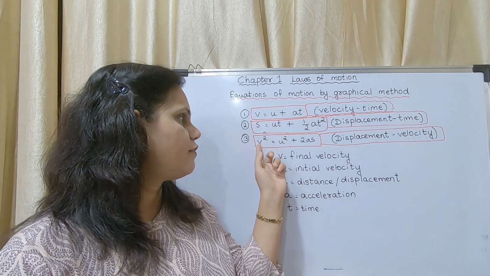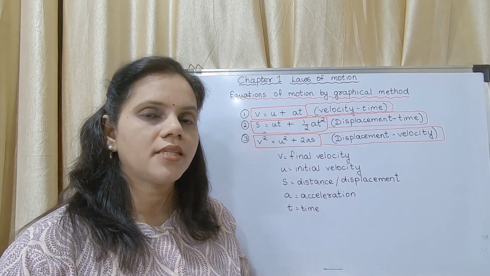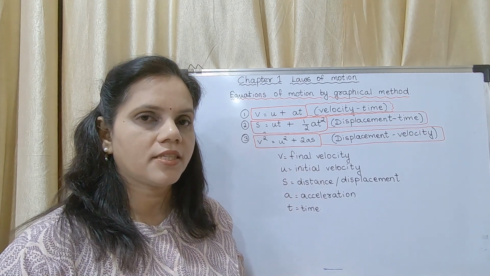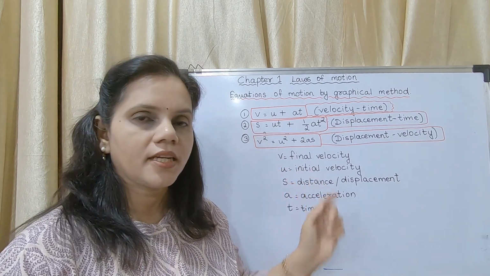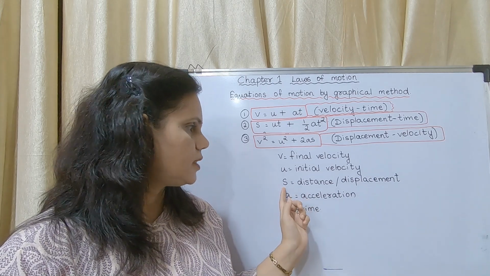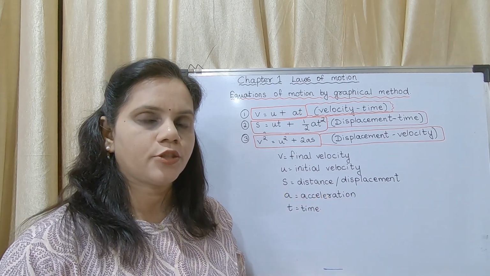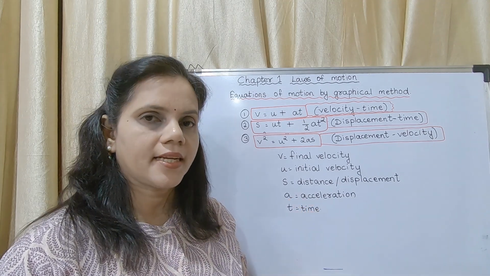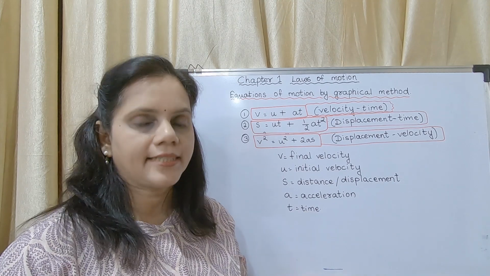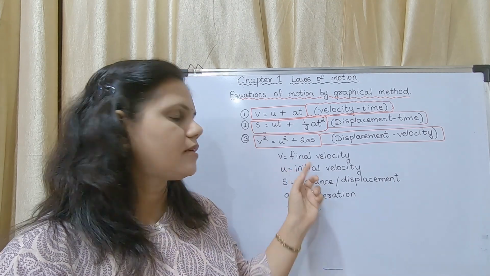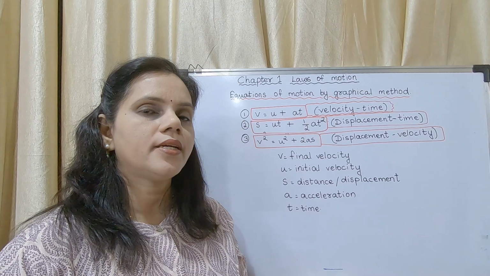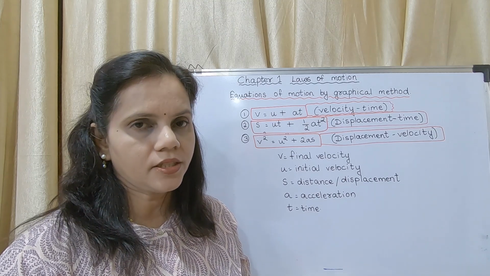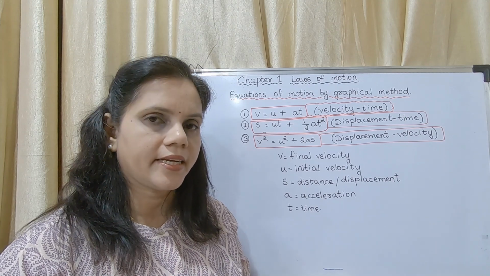The third equation is v square is equal to u square plus 2as, where v stands for final velocity, u stands for initial velocity, s is distance or displacement, a is acceleration, and t is time.